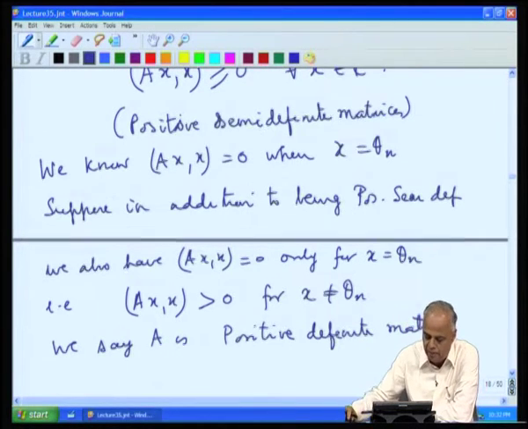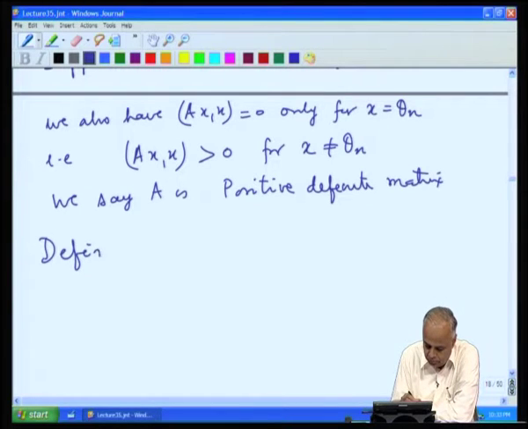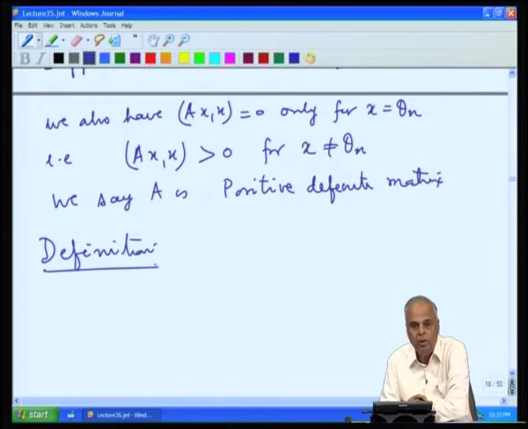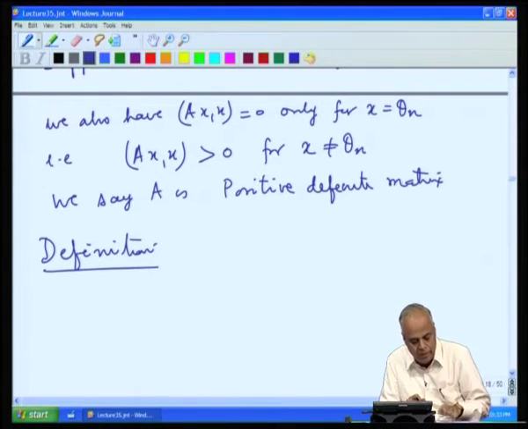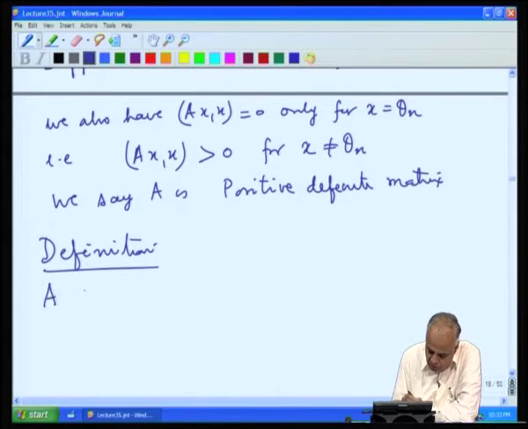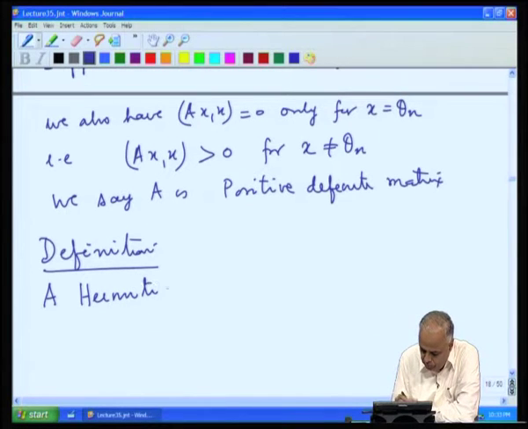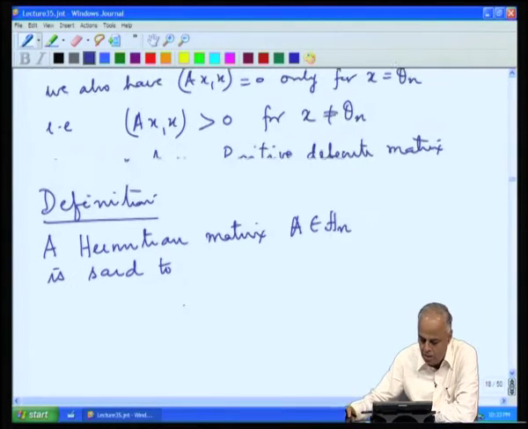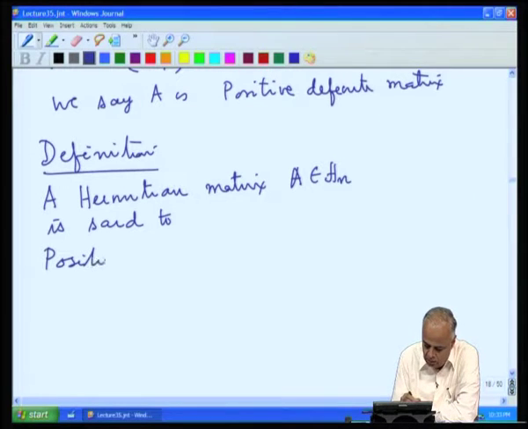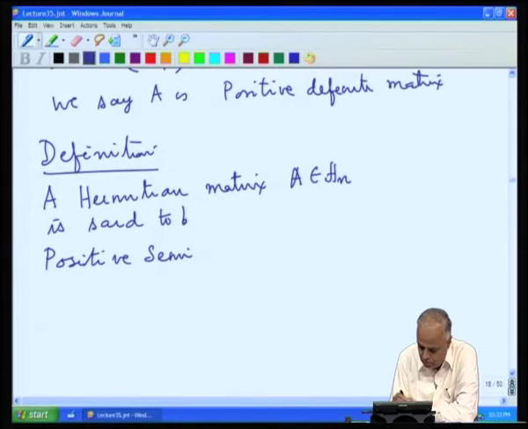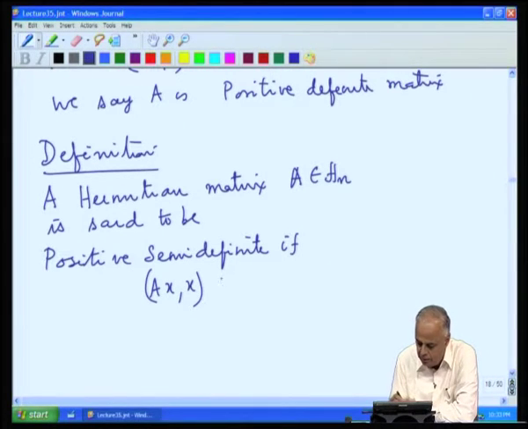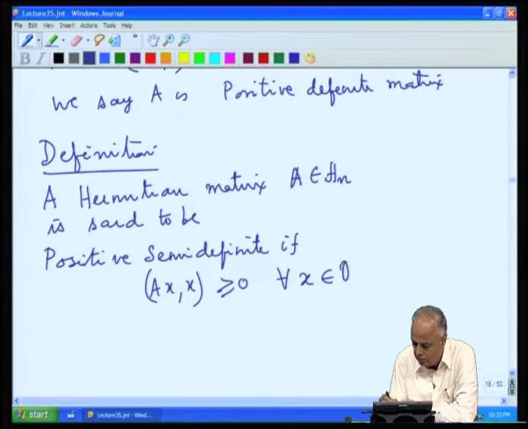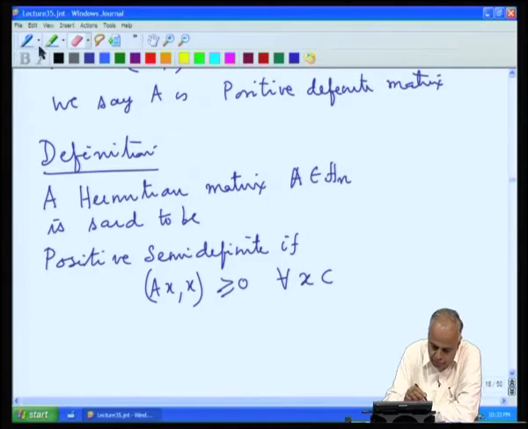So, we will write the formal definition. First of all, these notions of positive semi definite and positive definite we are introducing only for Hermitian matrices. So, an n by n Hermitian matrix is said to be positive semi definite if A x comma x is greater than or equal to 0 for every x belonging to C n.